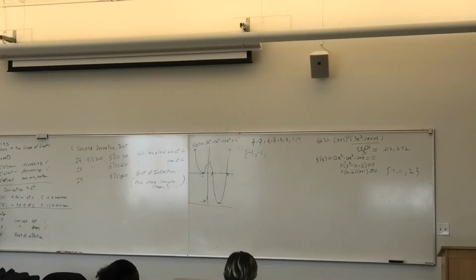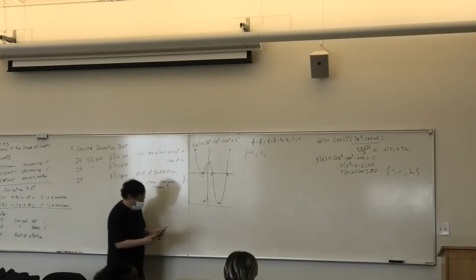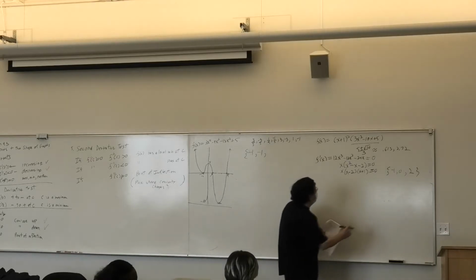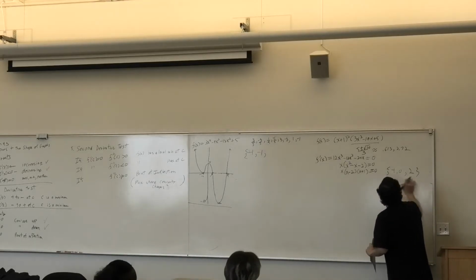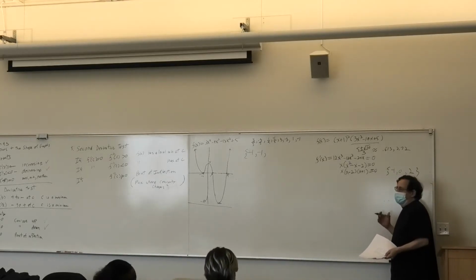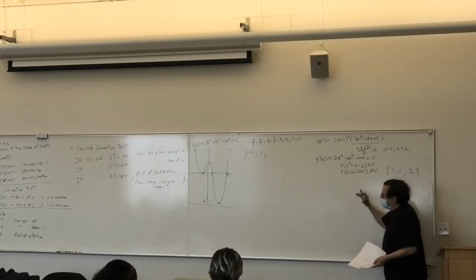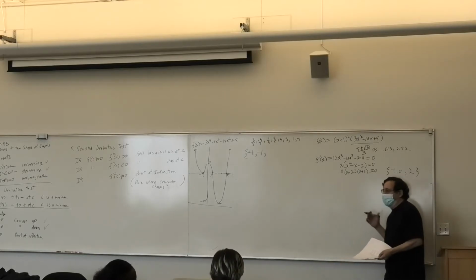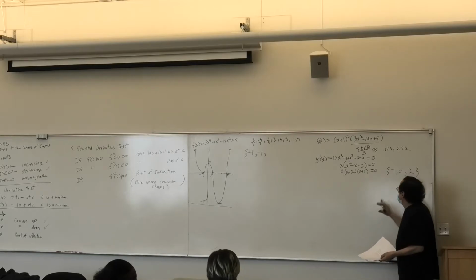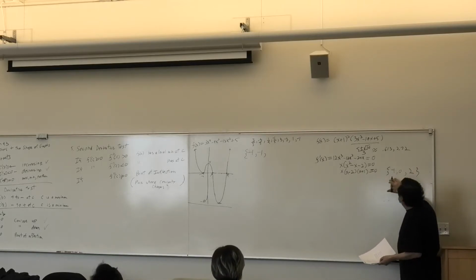Let's apply this increasing-decreasing test here. We know that these points are going to divide up the x-axis into intervals where the derivative is constant in sign. I mean, it's smooth, it's continuous, and this is where it's 0.